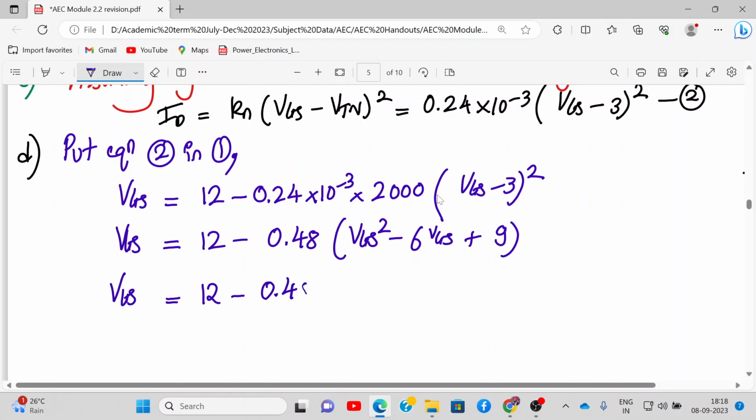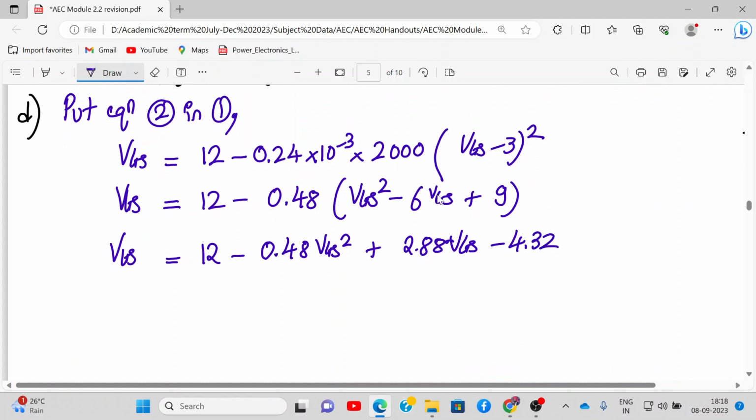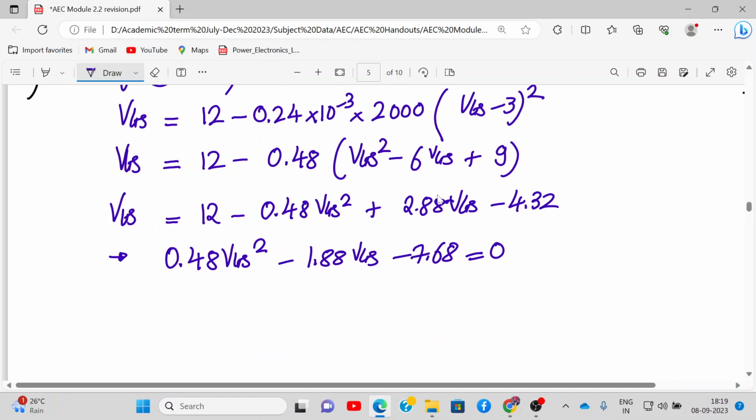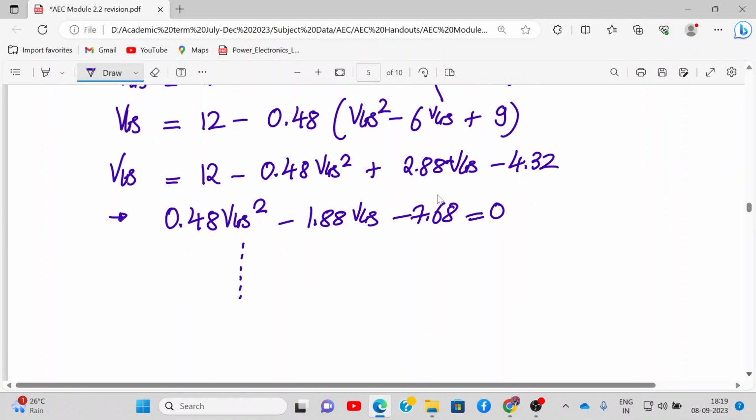So it will be 0.48 VGS square minus 2.88 VGS plus 4.32. Please cross check the quadratic equation now: 0.48 VGS square minus 1.88 VGS minus 7.68 is equal to 0. So solve this to get the values of VGSQ.